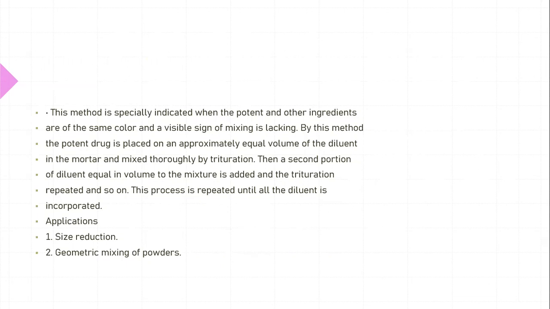By this method, the potent drug is placed on an approximately equal volume of the diluent in the mortar and mixed thoroughly by trituration. Then a second portion of diluent equal in volume to the mixture is added and the trituration repeated, and so on. You are adding bit by bit. This process is repeated until all the diluent or components are incorporated.